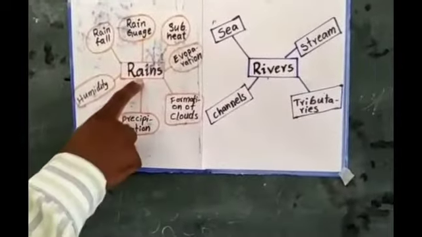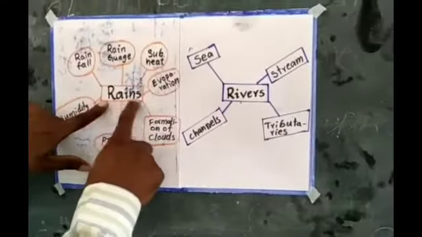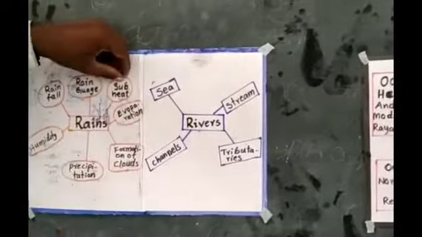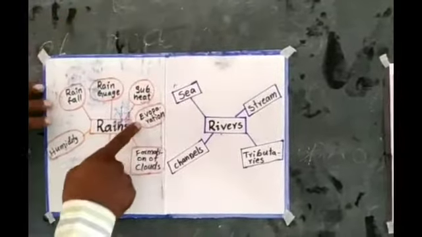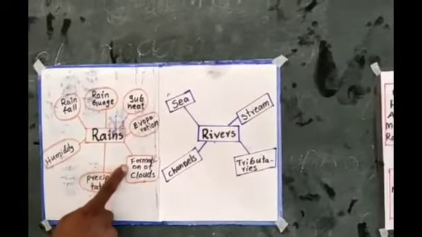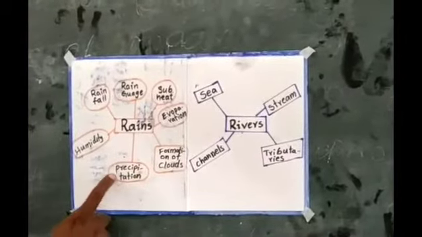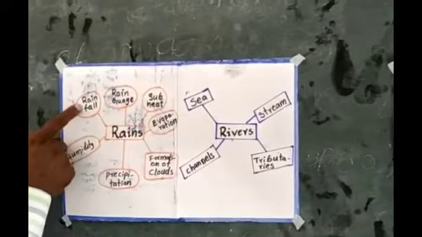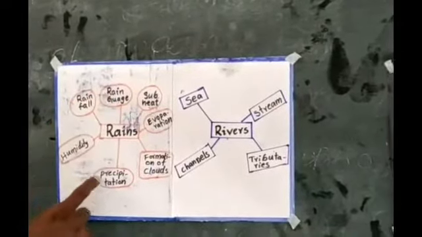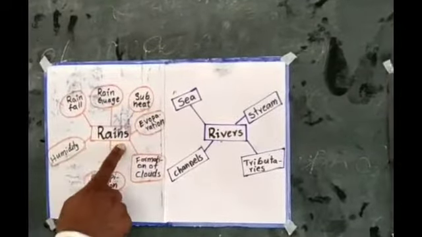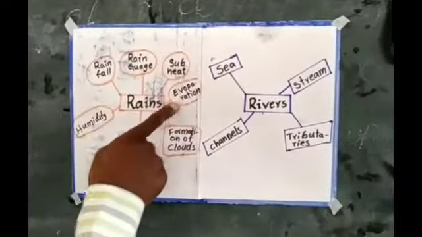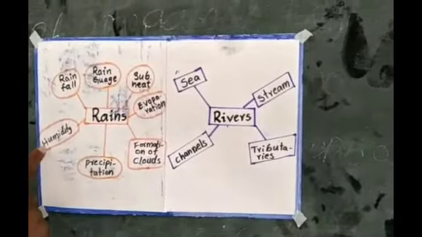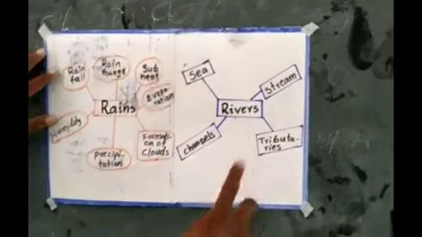When rain falls down, there is sub-heat, evaporation, formation of clouds, precipitation, humidity, rainfall and rain gauge. This is explaining about the rains: sub-heat, evaporation, formation of clouds, precipitation, humidity, rainfall.